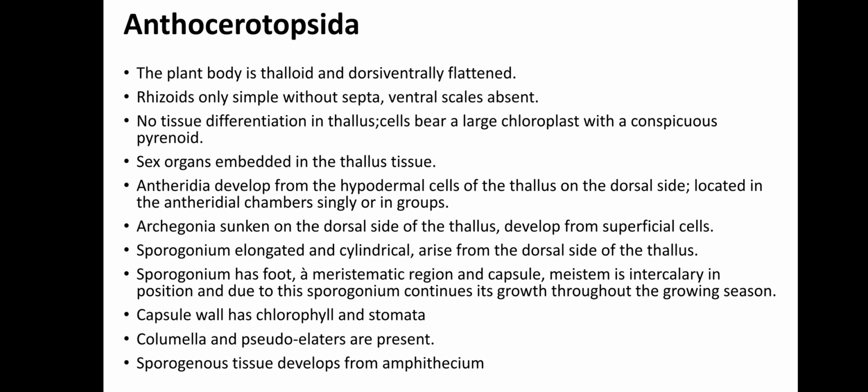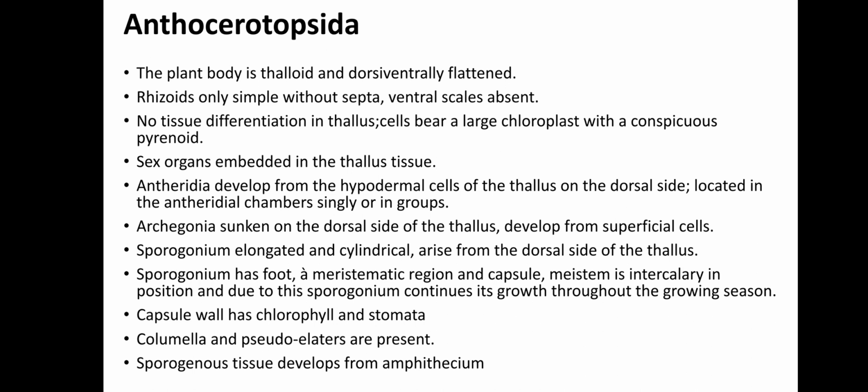Antheridia, the male sex organs, develop from hypodermal cells of the thallus on the dorsal side, located in antheridial chambers, single or in groups. Archegonia, the female sex organs, are sunken on the dorsal side of the thallus and develop from superficial cells. Sporogonium is elongated and cylindrical, arising from the dorsal side of the thallus.